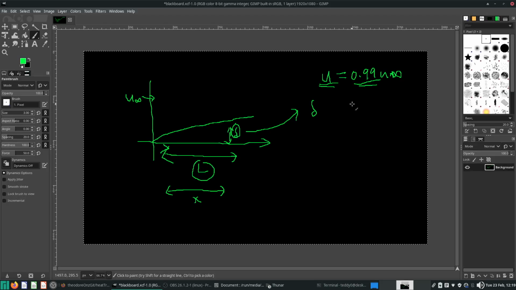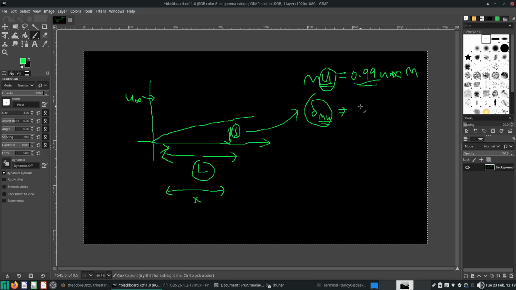Because this deals with velocity, and of course mass times velocity is momentum. So anytime the momentum drops below 0.99 times the free stream momentum, because you can of course just multiply both sides by the mass or density or whatever you have, it becomes a momentum boundary layer.